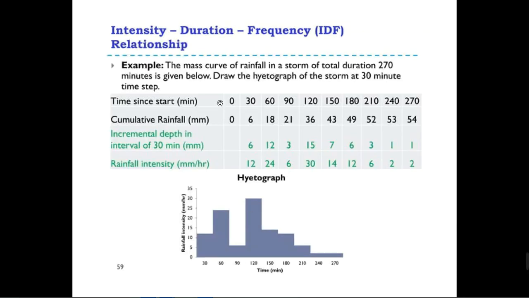For example, the mass curve of rainfall for a storm totals up to 270 minutes. So the hyetograph of the storm is at a 30-minute time step, so we have to convert to this. This is the start time. At time one, the accumulated rainfall is 6, then 8.